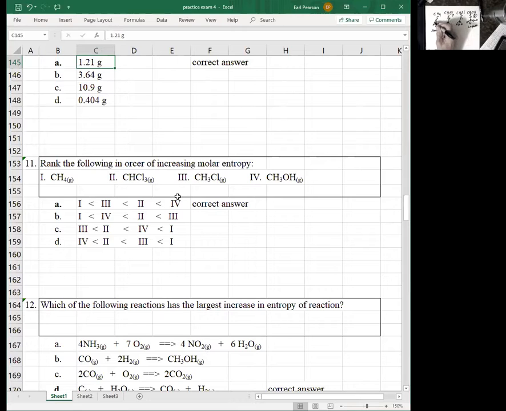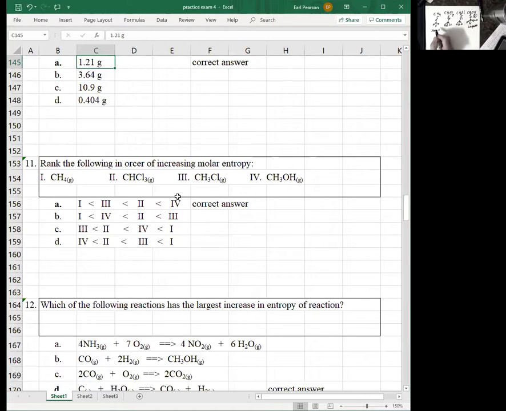Comparing the other two, this one has 3 hydrogens and 1 chlorine, and this one has 3 chlorines and 1 hydrogen. That one ought to be next, and then this one should be last.